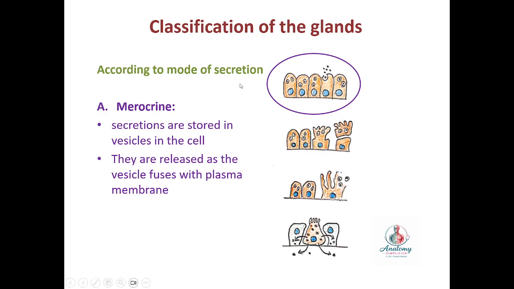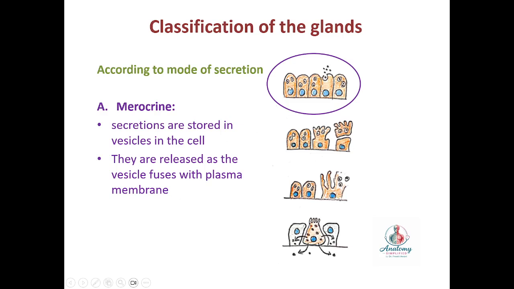According to mode of secretion, we can classify glands into four types: merocrine, holocrine, apocrine, paracrine. First, merocrine. Here, the secretions are stored in vesicles in the cell, and they are released as the vesicles fuse with the plasma membrane from the apical surface of the cell.